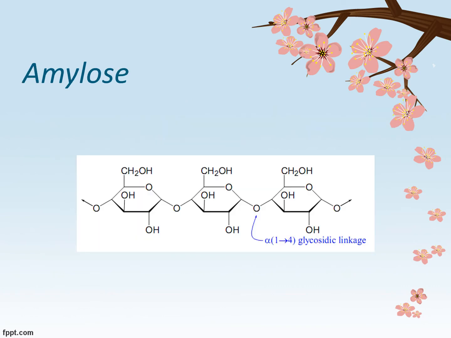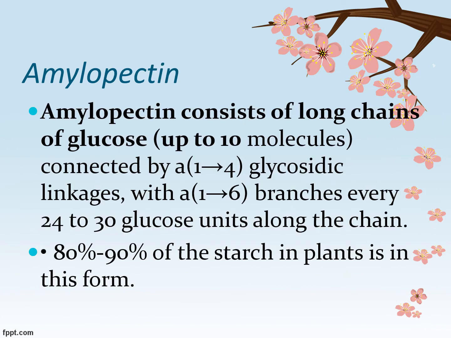So this is the basic structure of amylose, built of glucose monomers joined by the alpha 1 to 4 glycosidic bond, a straight chain. The second type of starch is amylopectin.